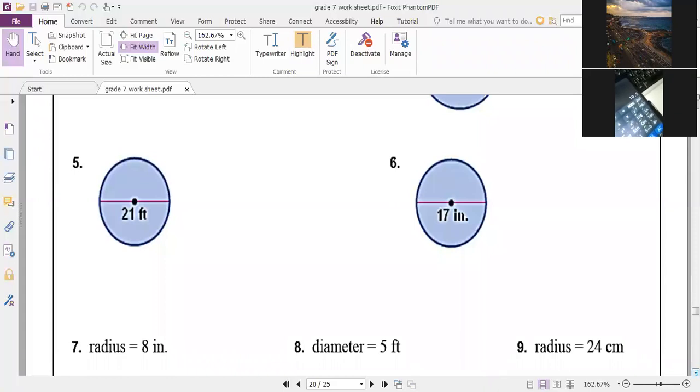So 21 divided by 2 equals 10.5. After that, I will take this number and make it squared. So 3.14 times 10.5 squared.